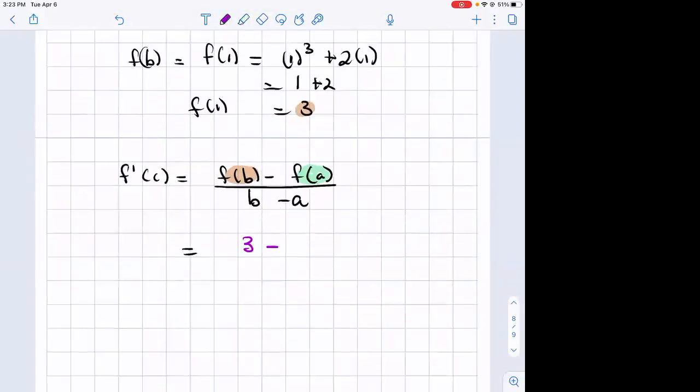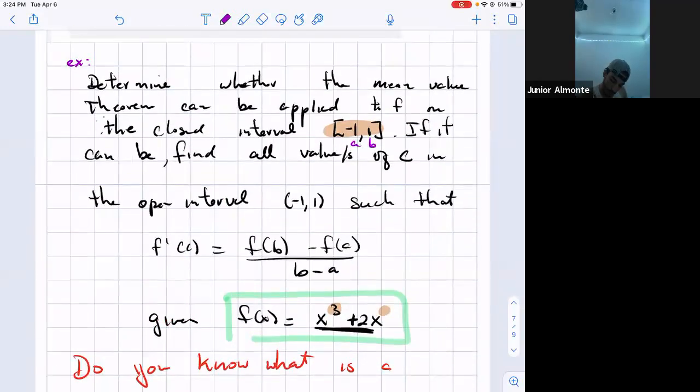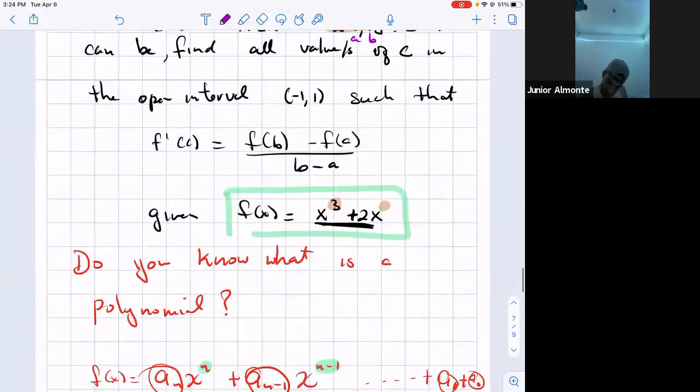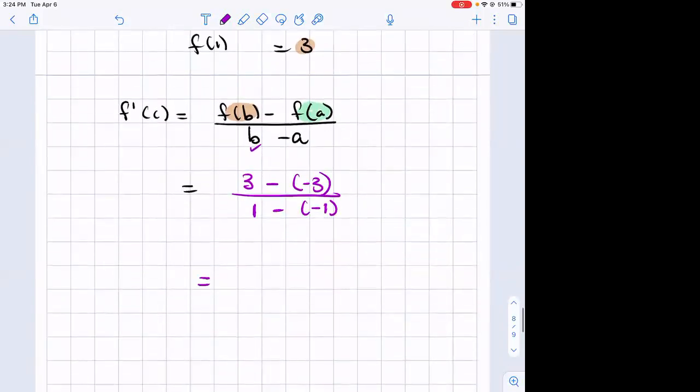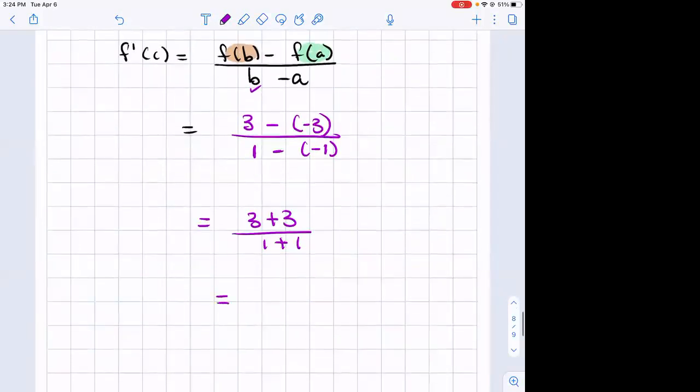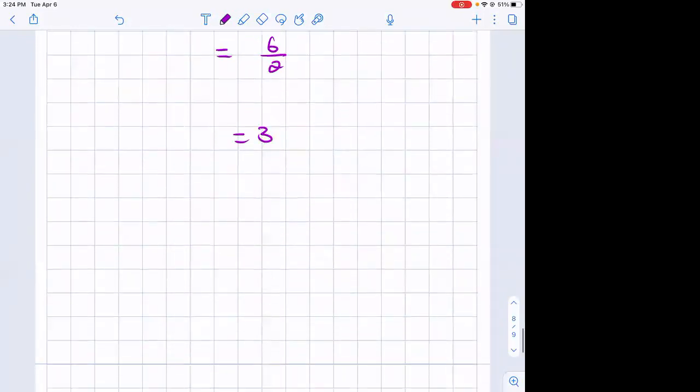So 3 minus (-3) over 1 minus (-1), which is 3 plus 3 over 1 plus 1, which is 6 over 2, which is equal to 3. So f'(c) is equal to 3.